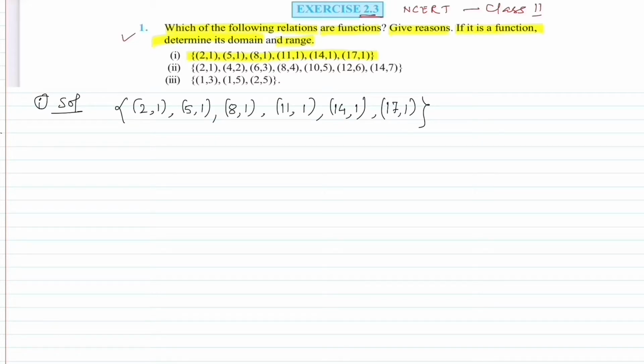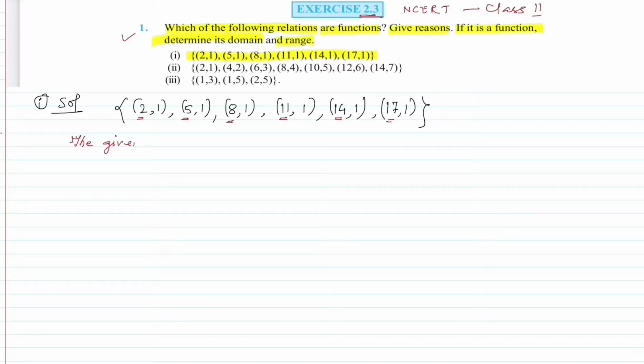So now you see, if we observe each and every ordered pair, we can see here the first component of its ordered pair is unique. So there are no two ordered pairs having the same first components, so that's why it is a function. Therefore the given relation is a function.